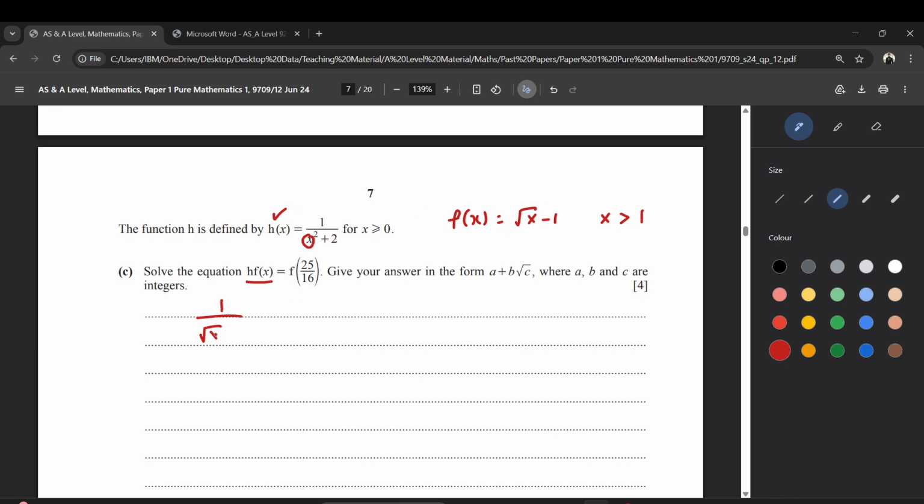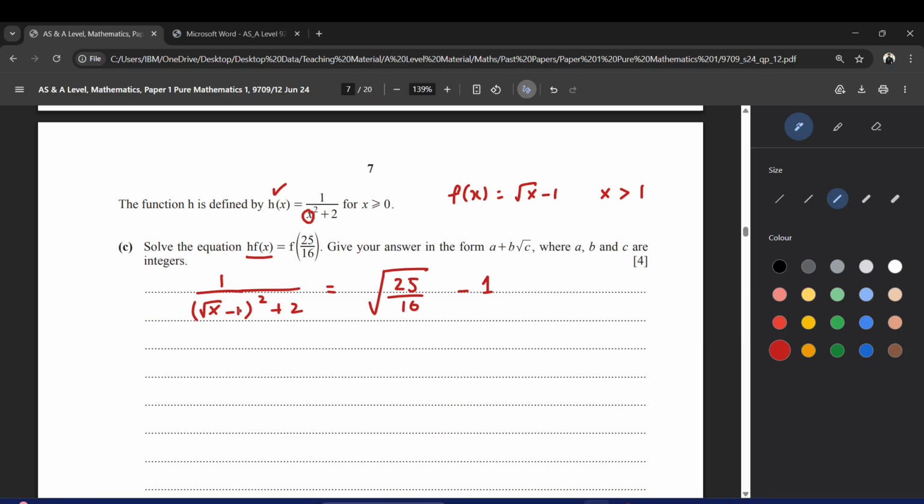So this will be root x minus 1 whole squared plus 2. All right, so that is your h of f of x equals f of 25 over 16, which means that now you're plugging this value into this function. So that would be 25 over 16 minus 1. Now look carefully, this minus 1 is not part of the square root. It is outside the square root.